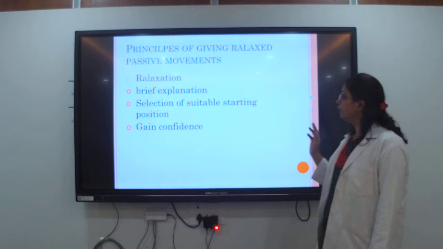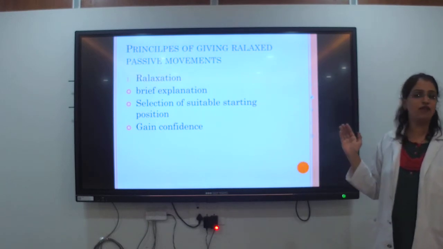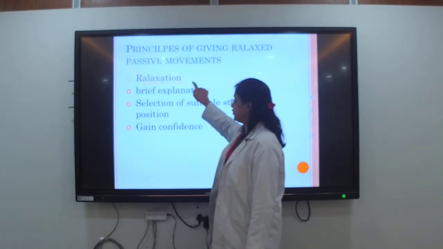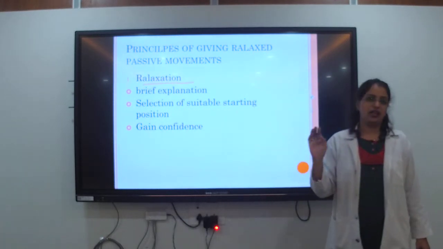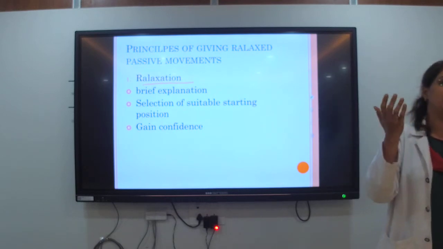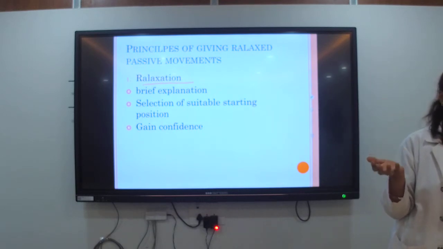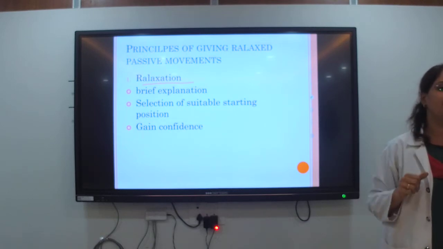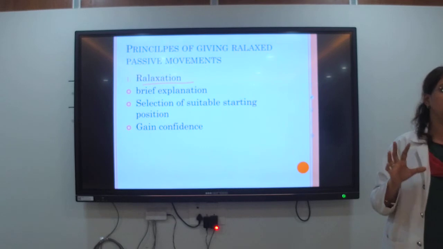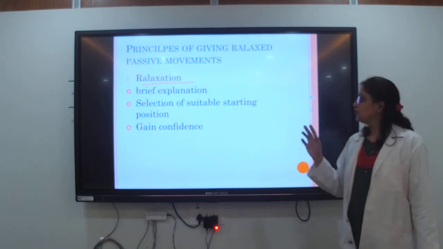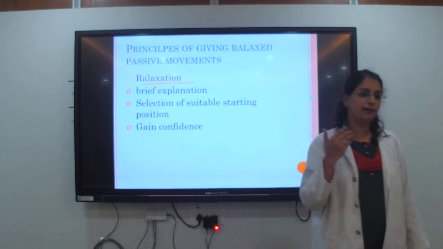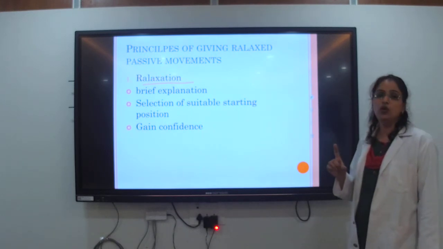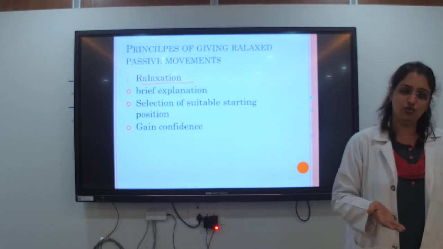Now we will see what are the principles of giving relaxed passive movement. First one is relaxation. Suppose you are going to a doctor and he directly touches you, how do you feel? You feel a little bit disturbed, no? So when you are going towards the patient, you have to give your identity to that patient.